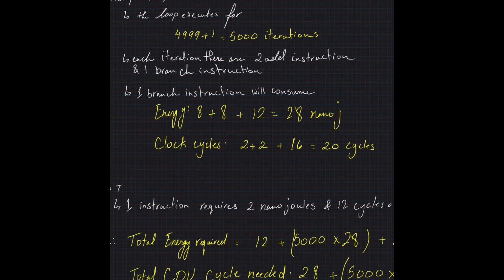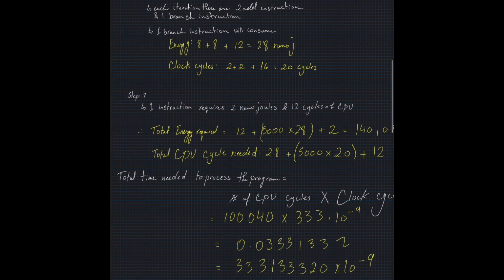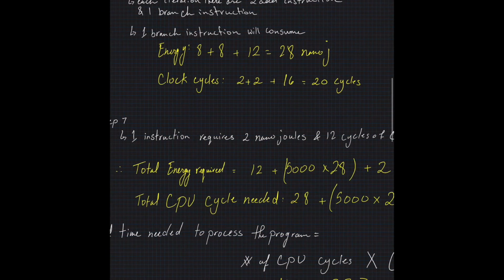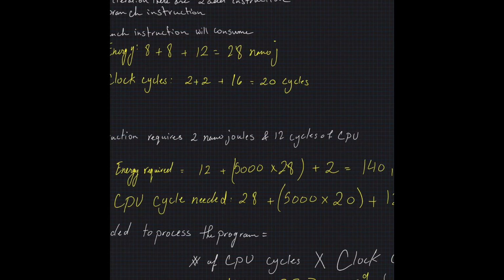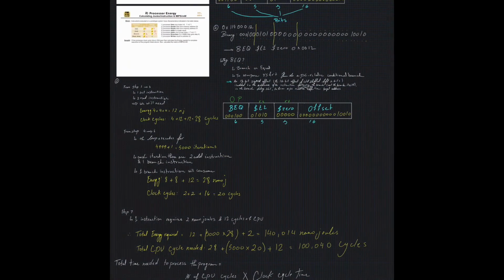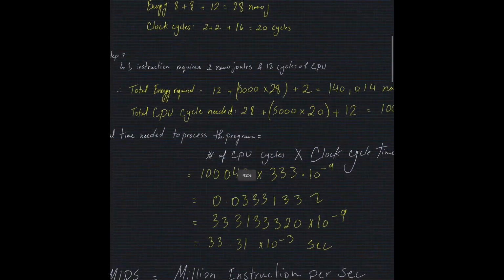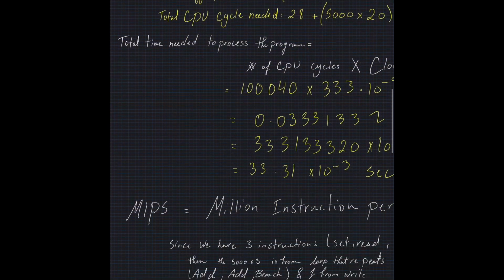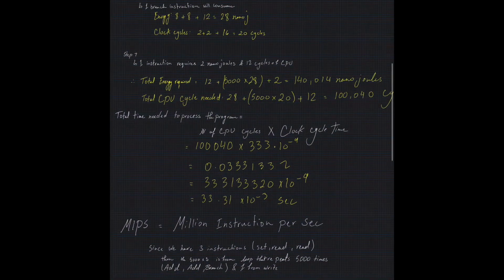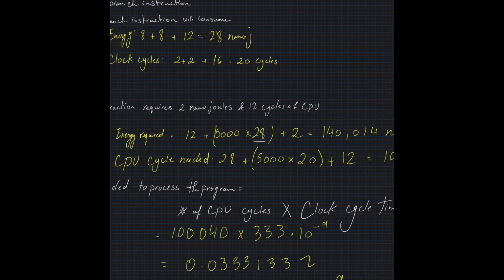So the total energy required will be equal to 12 plus 5,000 multiplied by 28 plus 2, equal to that number in nanojoules, and then the total CPU cycles needed will be 28 plus 5,000 times 20 plus 12, which will be that number in cycles.